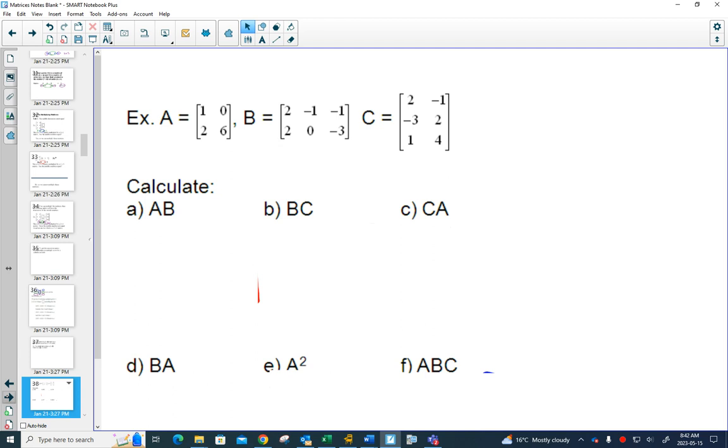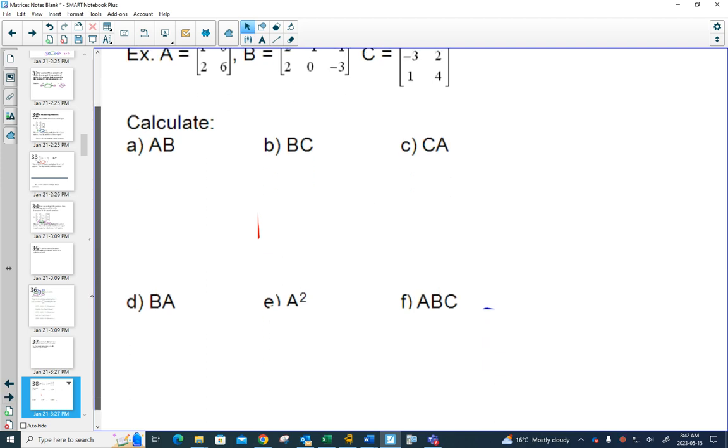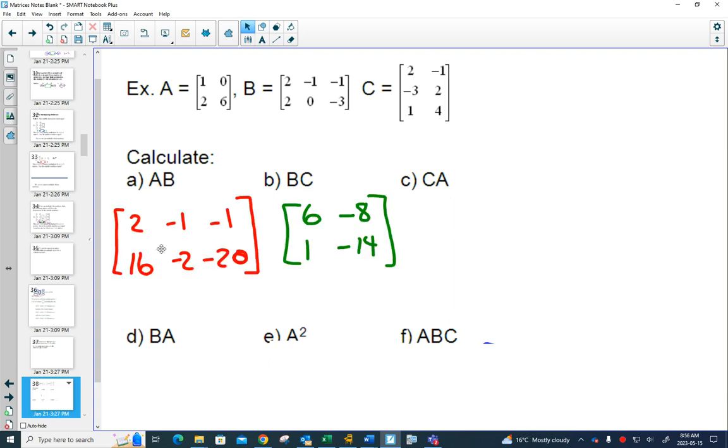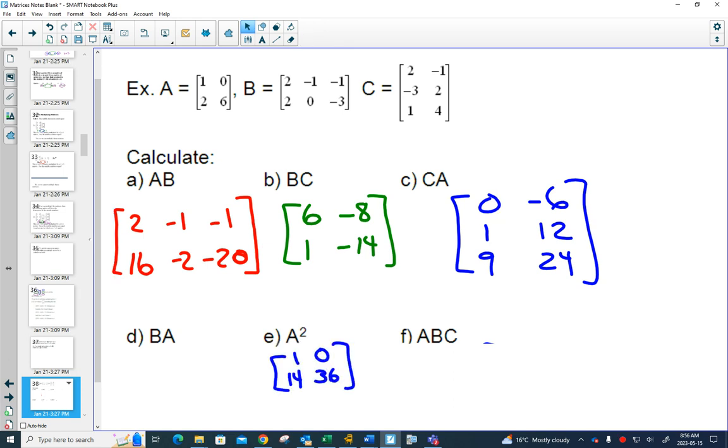Okay, so let's do some mental math. Here are 6 to try without a calculator. See how you did. There's C times A. There's A squared.